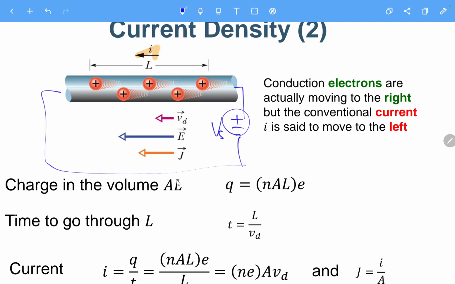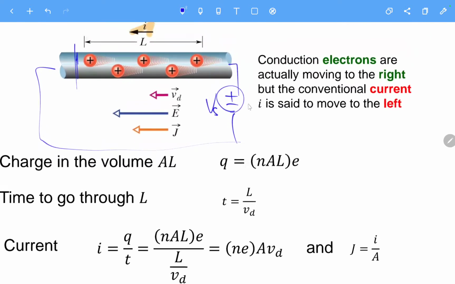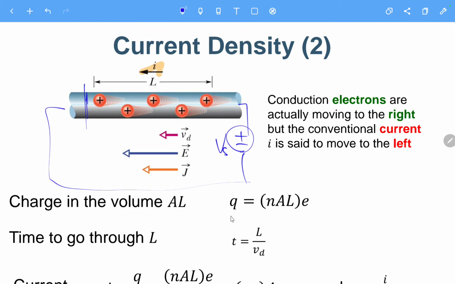In this case, we just assume the current density is uniform across any cross section. So J is uniform across any cross section perpendicular to the wire. Okay, so here we can write some identity like Q equals something times e.